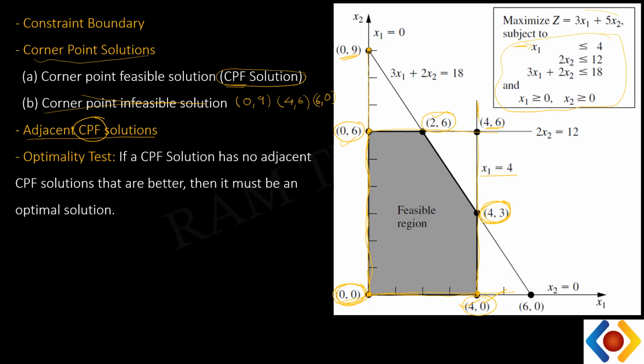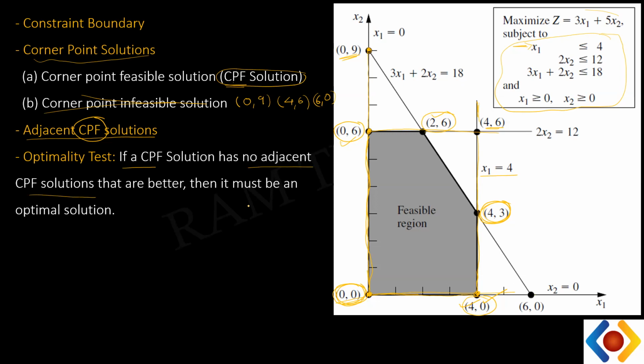Okay. So now, what is the optimality test? Our objective is to achieve the optimum solution, right? So we are going to evaluate Z values at each corner. Let's read this statement: if a CPF, that is a corner point feasible solution, has no adjacent CPF solutions that are better, then it must be an optimal solution.